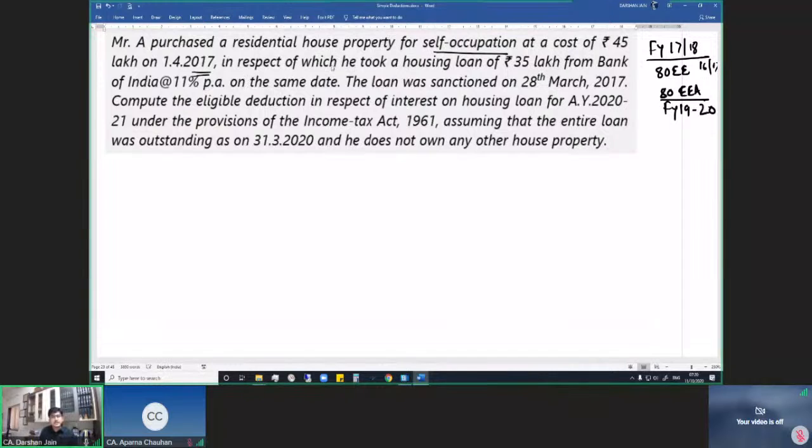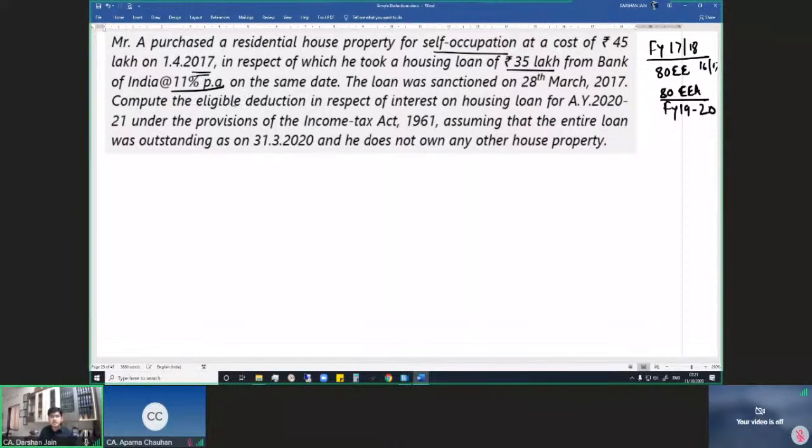In respect of which he took a housing loan of rupees 35 lakhs from a bank. So he's taken a loan of 35 lakh rupees. It doesn't exceed 35 lakhs. At the rate of 11% per annum. On the same date, that is 1st of April 2017, he has taken not only the house, but the loan was also availed.